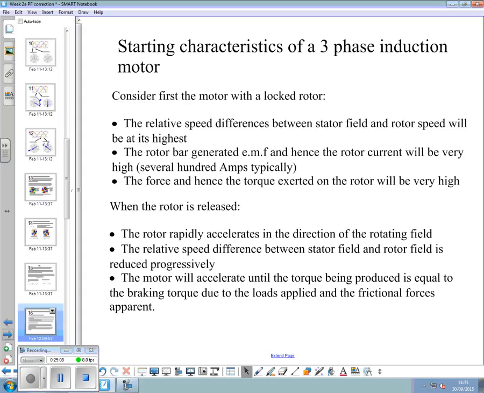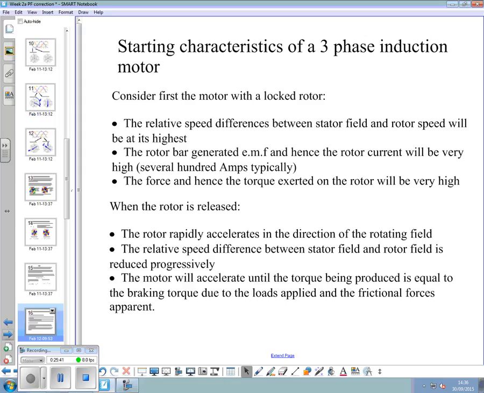Starting characteristics of a three-phase induction motor. Consider the motor with a locked rotor. So we bolt the rotor so it can't move. If we do that, the relative speed between the moving magnetic field and the rotor will be at its highest because we're not letting the rotor move. Therefore, the bars are being cut as fast as they could ever be by this magnetic field.